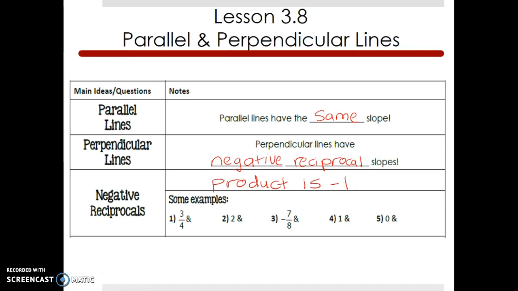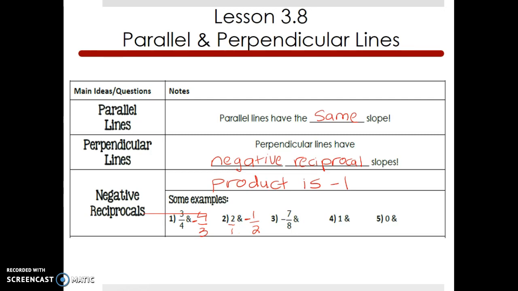So for example, 3/4, if I flip it, it's going to be 4/3. And since 3/4 is positive, this is going to be negative. If you see 2, it's 2 over 1. So if I flip it, it's going to be 1 over 2. And since 2 over 1 is positive, this is going to be negative.